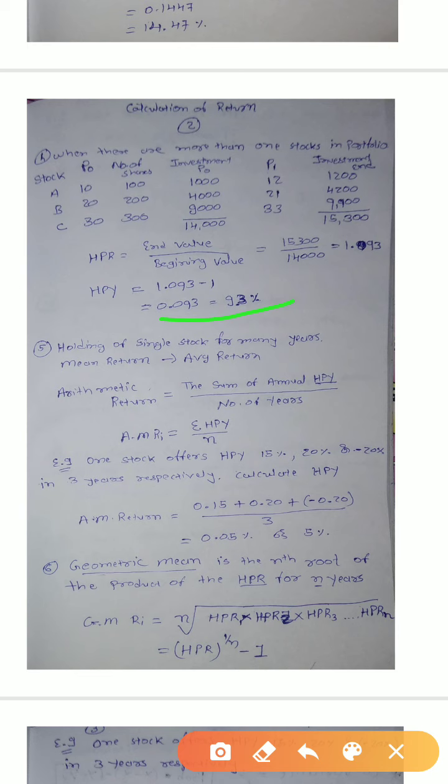So you will get the annual return when you hold a number of shares for a number of years. This is the fourth condition that we discussed. Again I repeat, 1 share 1 year without dividend, 1 share 1 year with a dividend, 1 share for a number of years, and in the fourth one we discuss a number of shares for 1 year. Parallelly I already discussed number of shares for number of years.